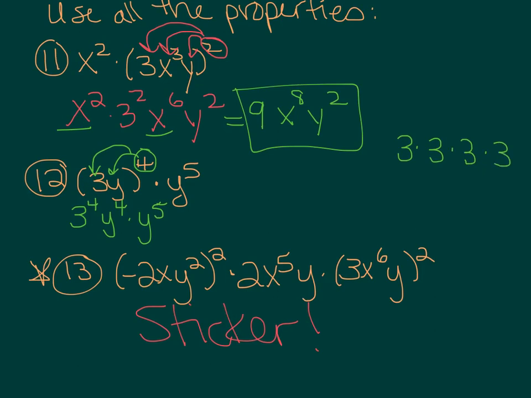We know that 3 to the 4th is 3 times 3 times 3 times 3. So 3 times 3 is 9, 3 times 3 is 9, so that's going to give us 81. Feel free to work that out if you want to. Don't just go straight for the calculator. And we have y to the 4th times y to the 5th. That is just going to give us y to the 9th. So our answer, of course, is 81 times y to the 9th.